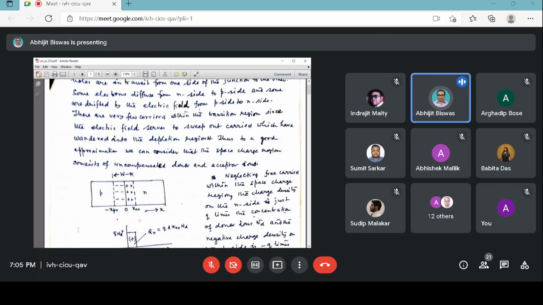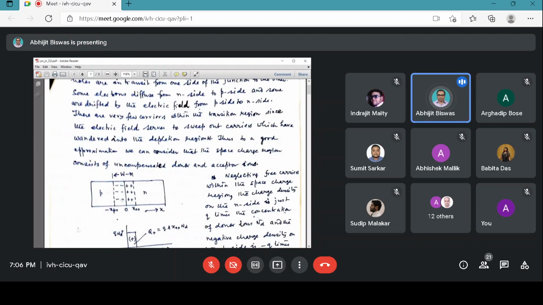Now, what are the features of this depletion region? Why is it called depletion region? Because this region is depleted of any free charge carriers. Free charge means electrons and holes. They can move from one place to another, but these ionized acceptors or donors cannot move. They are immobile ions.